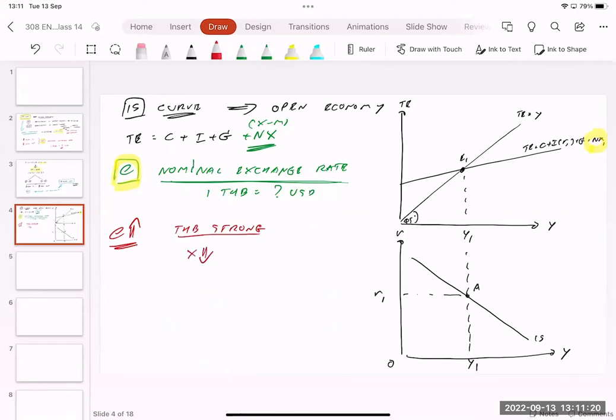Everything made outside our country becomes cheaper, so we import more. So in the end, NX, the trade balance, becomes worse, becomes lower. When the nominal exchange rate goes up, NX goes down. When NX goes down, total expenditure is going to shift down.